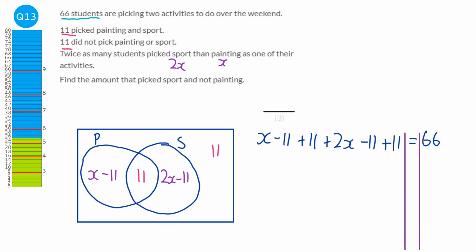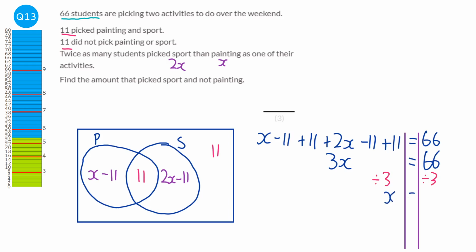This is going to be some solving, so we're just going to put our lines in. Now here we've got X plus 2X, which is 3X. And we've got minus 11 plus 11, minus 11 plus 11. Well, those just cancel out. So we're left with just 3X equals 66. We're going to divide that by 3 on both sides.